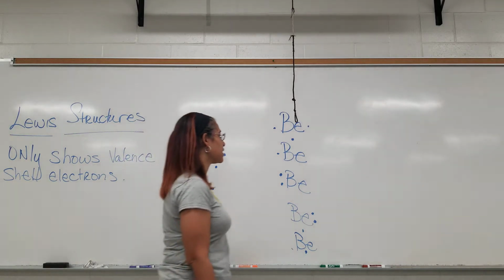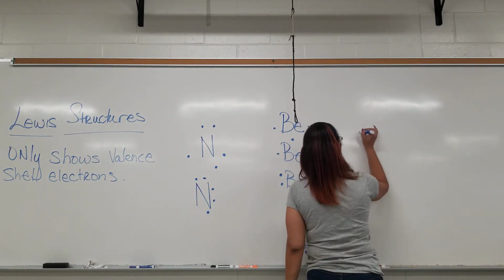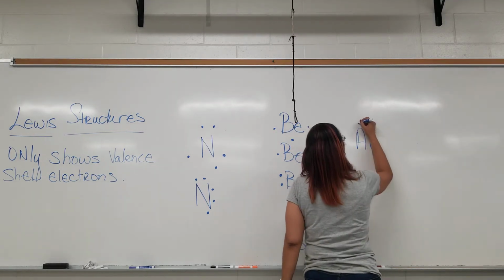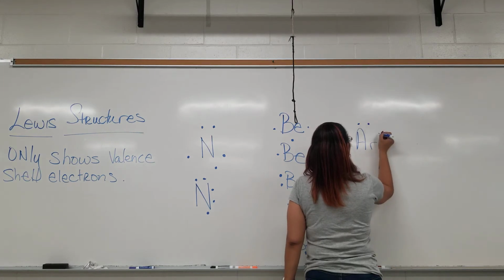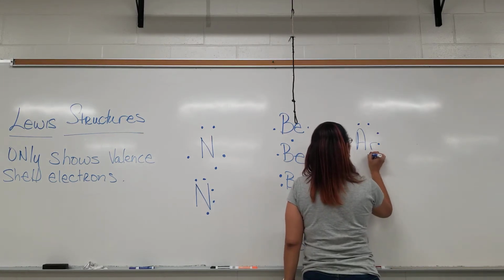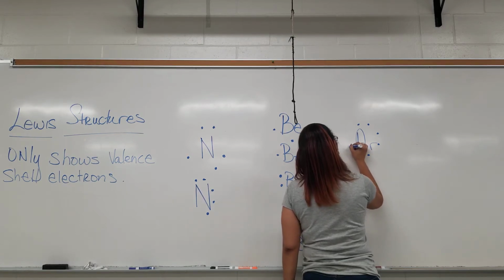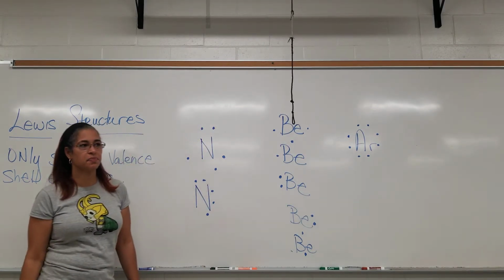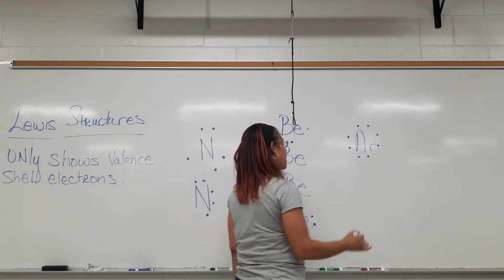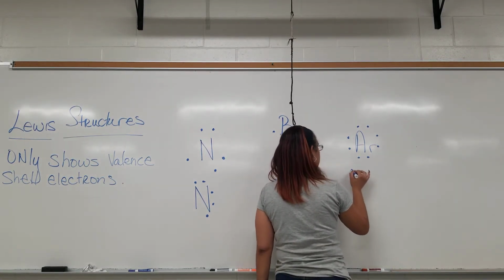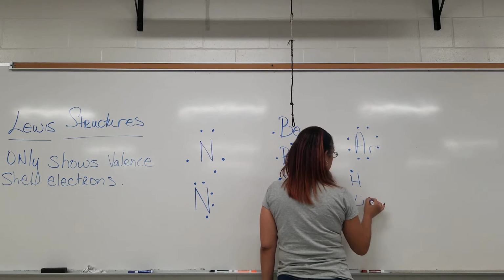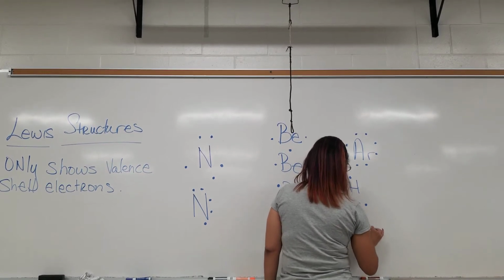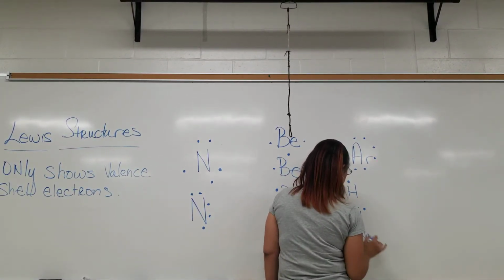If you're looking at something like argon, a noble gas, it has 8 electrons in its outer shell, and it looks like that. And something like hydrogen or lithium or anything in the first group, you can have it this way, that way, or, with sodium, also in the first group, you can put it over here.